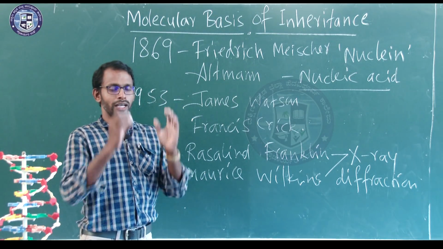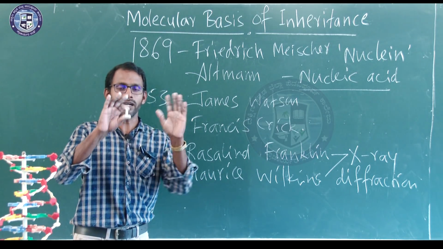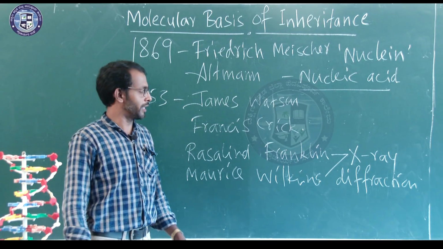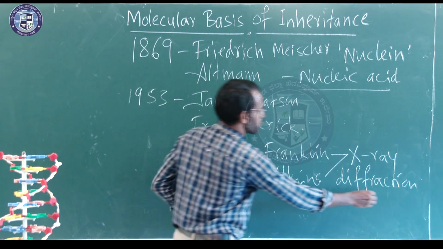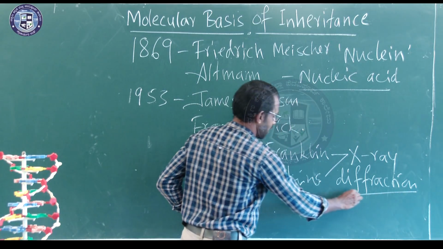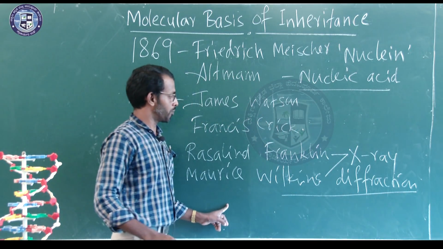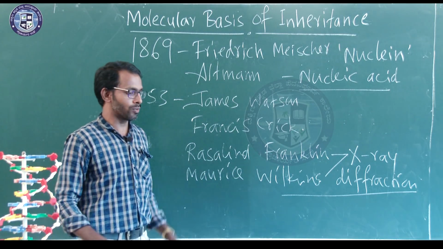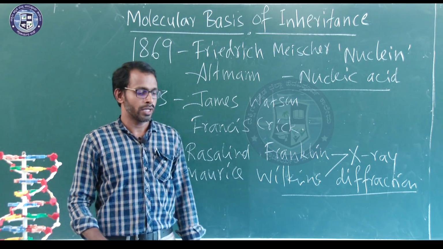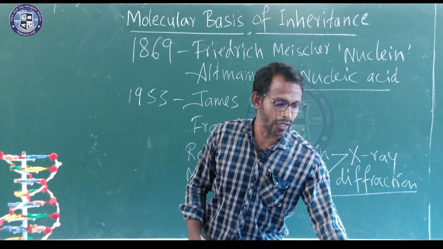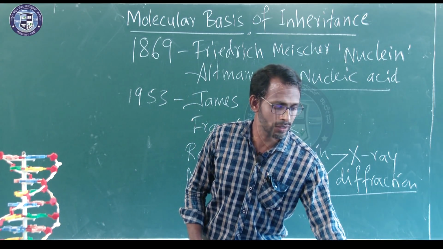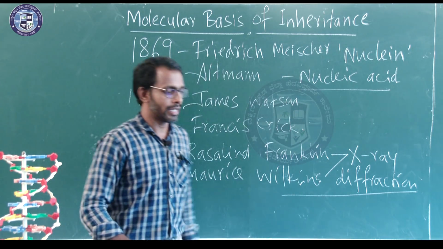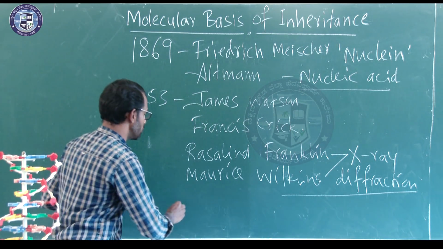So, using X-rays, they took a kind of photograph of DNA. By referring to the X-ray diffraction pattern taken by Rosalind Franklin and Maurice Wilkins, at the same time they also got the help of the great work conducted by a scientist called Erwin Chargaff.